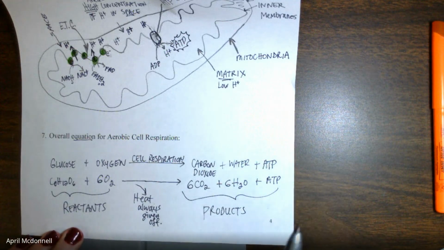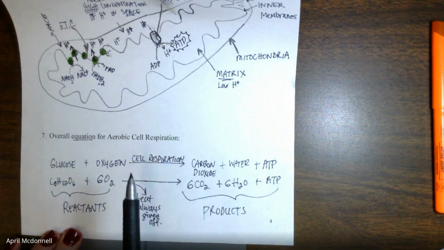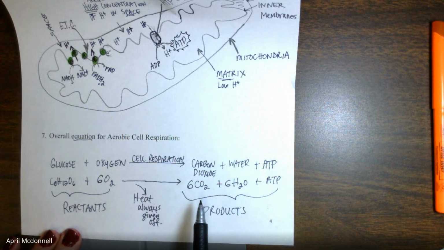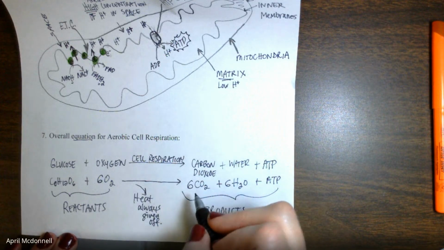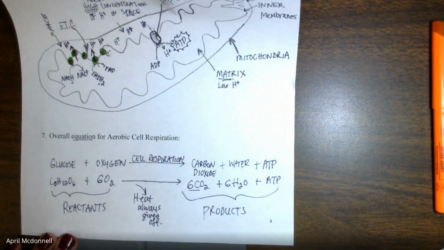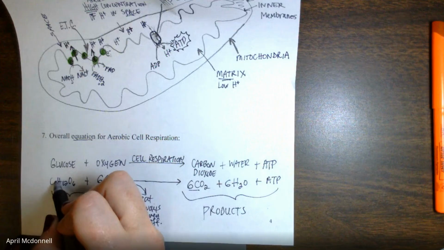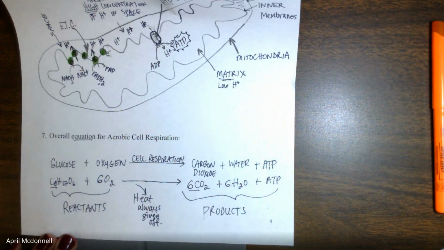Okay, so a balanced equation means that you have the same number of atoms of each element on the reactant and product side. For example, on this side, there are a total of 6 carbon atoms, whereas right here you see C6, there's also a total of 6 carbon atoms on the reactant side.